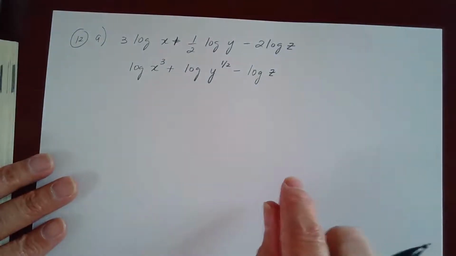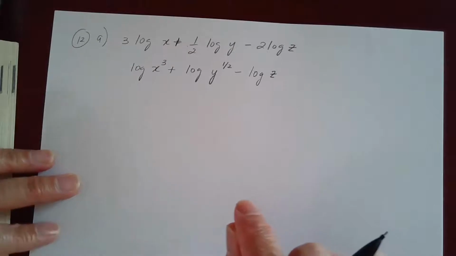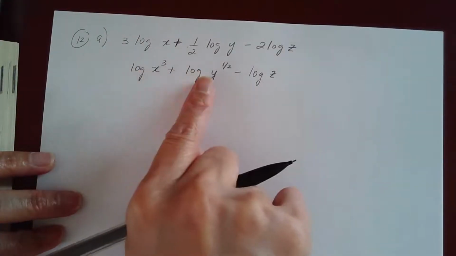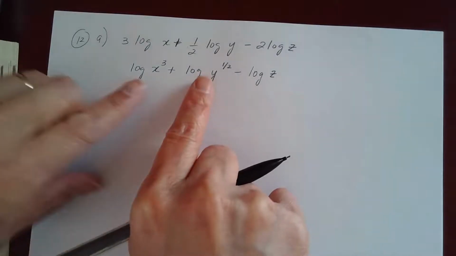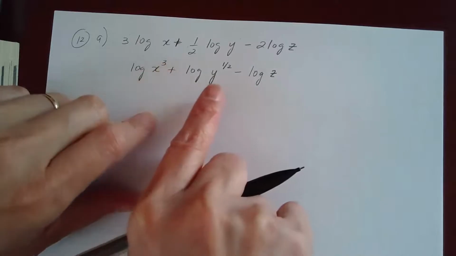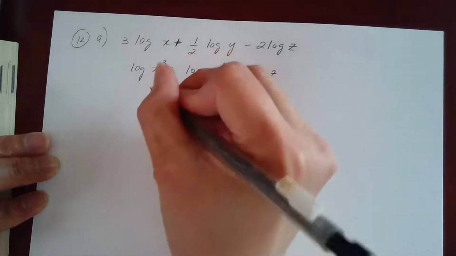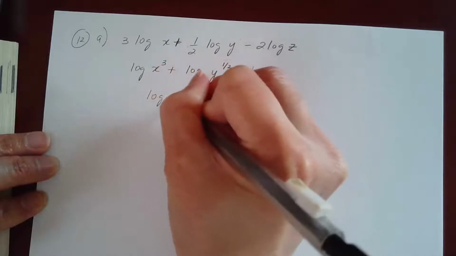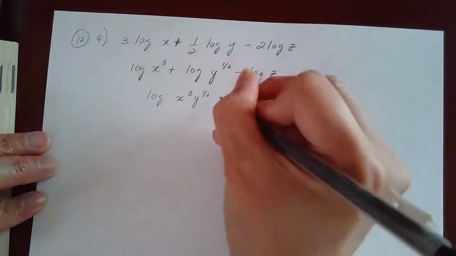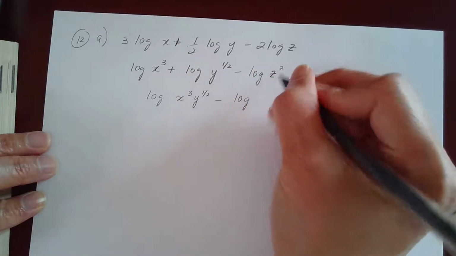Okay, so that's one step down. Now, because these two are being added, we said that we can combine these two by multiplying x cubed and y to the 1/2. So this one could be log of x cubed times y to the 1/2 minus log of, I forgot the 2, z squared.